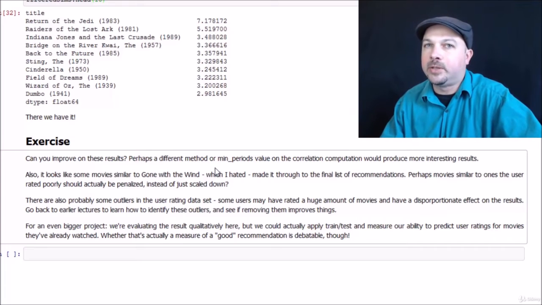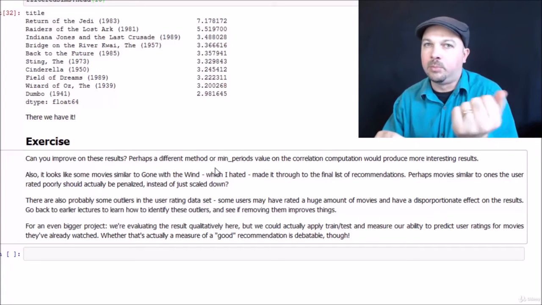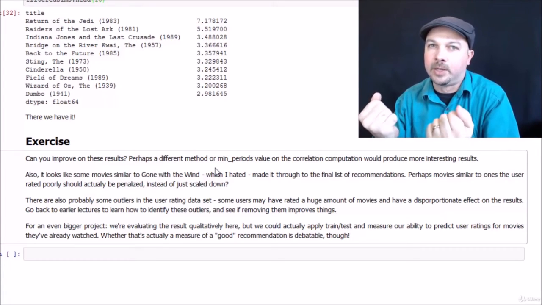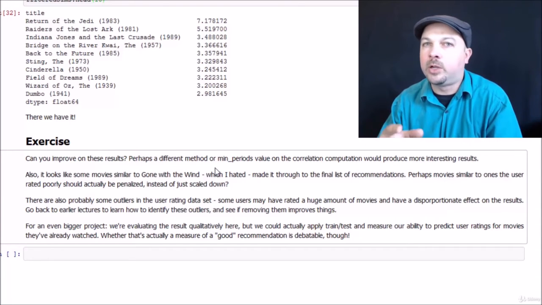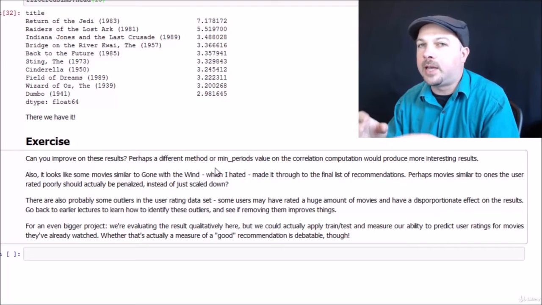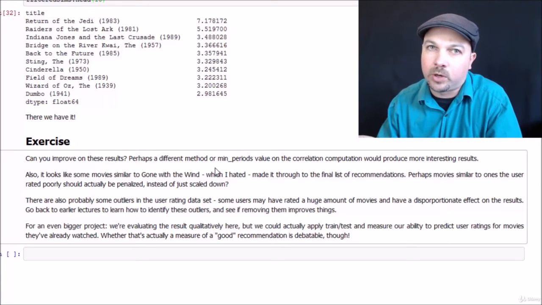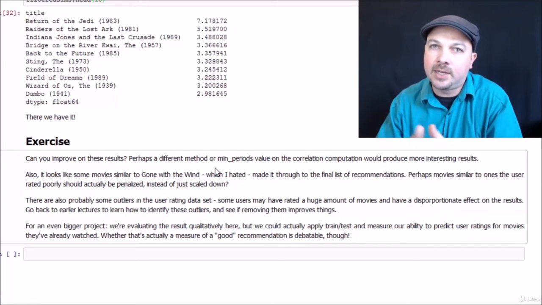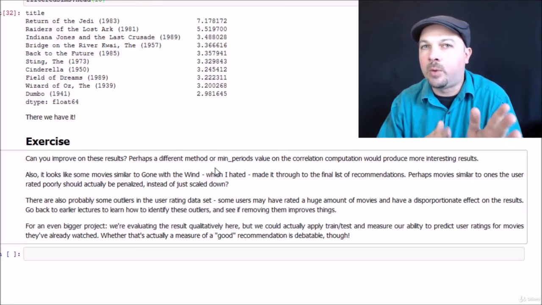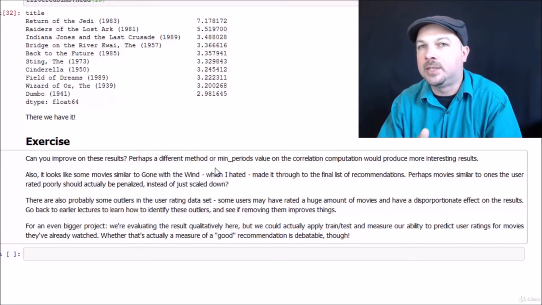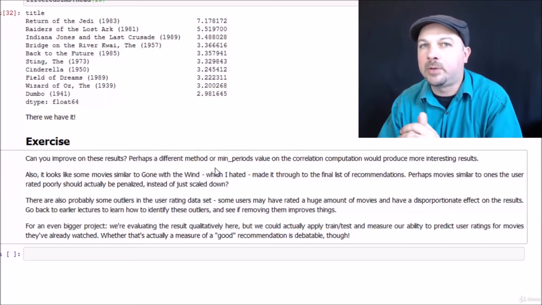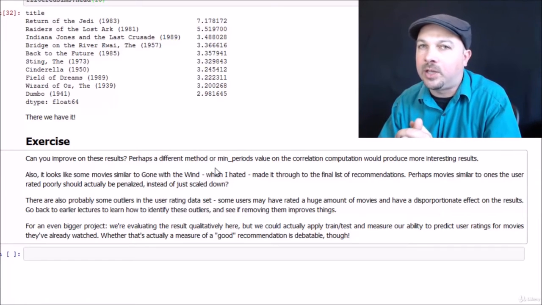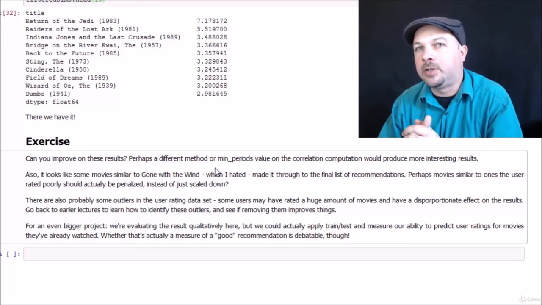So if the output of my recommender system were movie and my predicted rating for that movie, in a train test system, I could actually try to figure out how well I predict movies that user has in fact watched and rated before. So I could set aside some of the ratings data and see how well my recommender system is able to predict the user's ratings for those movies. And that would be a quantitative and principled way to measure the error of this recommender engine.